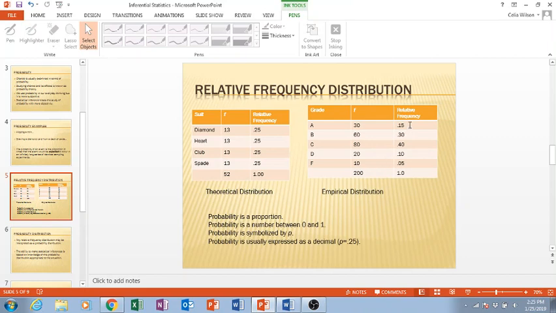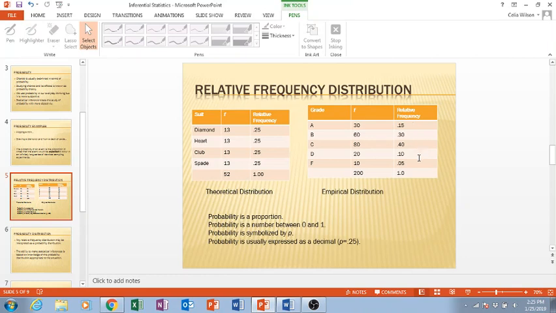You can see the frequency of A's, B's, C's, D's, and F's, out of 200. When we divide, for example, 30 divided by 200, we get the relative frequency, 0.15, or 15%. So 15% of these grades were in the A category.